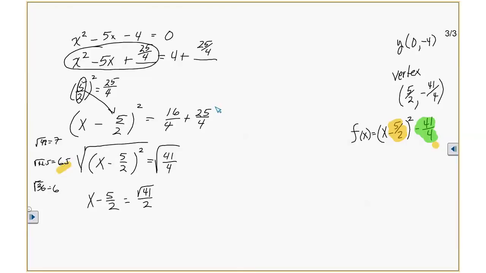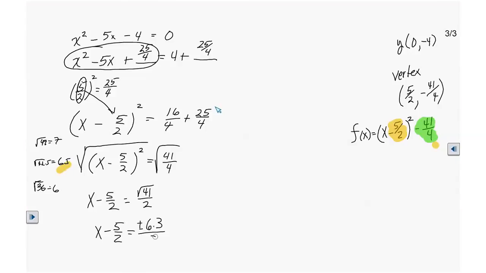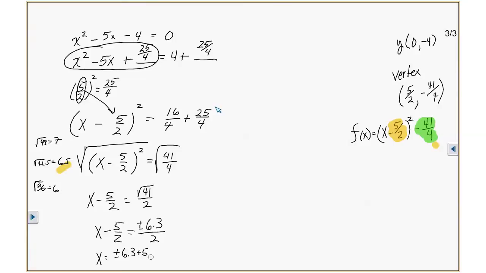What do we need? 41, so I'm going to say it's around 6.3, 6.4, somewhere around there. So x minus 5/2 is equal to positive or negative 6.3. Yeah, 6.3. Somebody check it. And then x is equal to positive or negative 6.3 plus 5 over 2. What's the square root of 41? 6.4. Okay, it is 6.4.